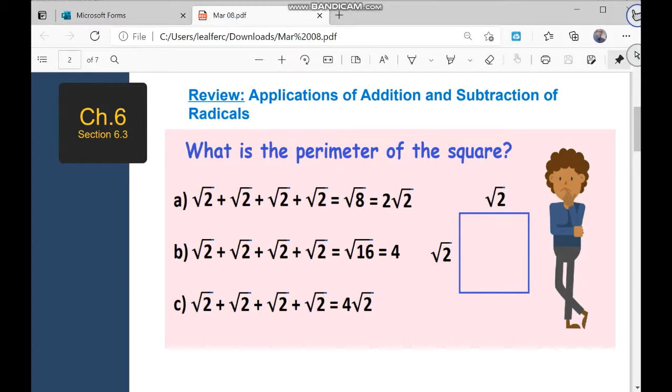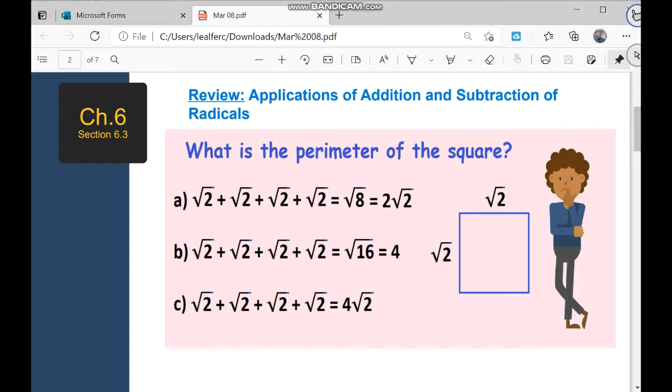Today's lesson, we're going to review real quick last Friday, because we worked on applications of addition and subtraction of radicals. And if you remember, we worked on calculating the perimeter of triangles and rectangles that have radicals as the length of the side. Now, today we have a square.